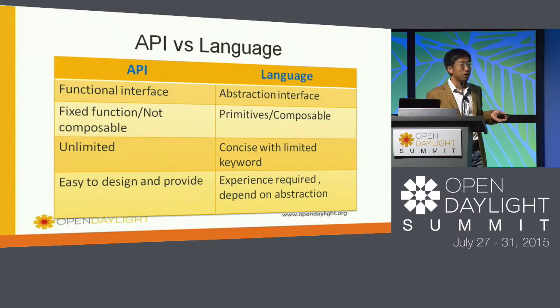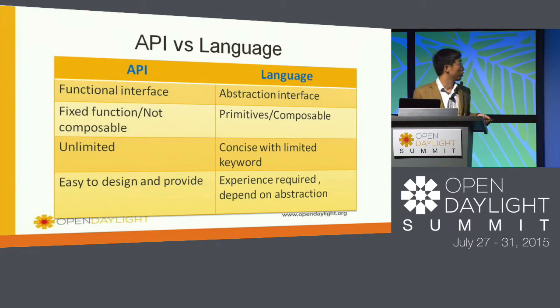And the API is always strongly related to the implementation, so the API is always vendor specific. It's hard to standardize. But language keywords are based on high-level abstraction. It's vendor neutral, so language is easy to standardize.